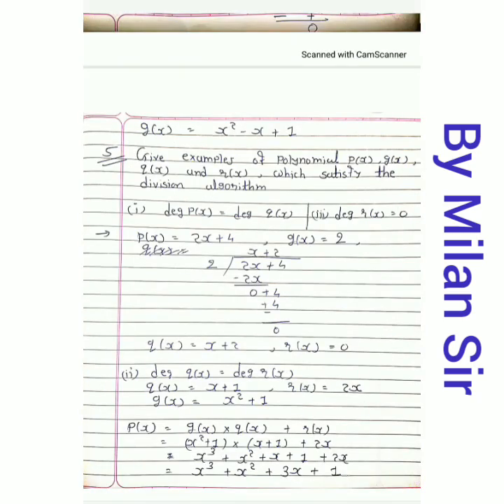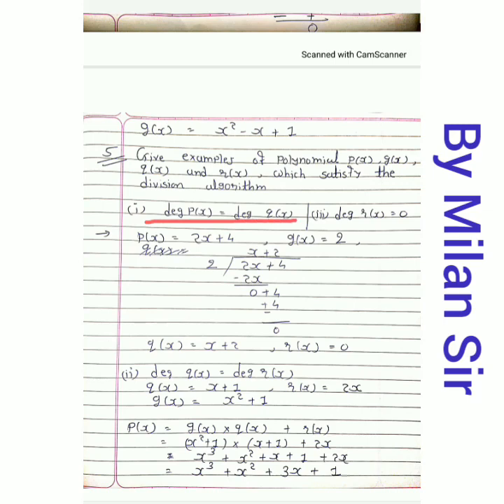Question number 5. Give examples of polynomials p of x, g of x, q of x, and r of x which satisfy the division algorithm. So in question number 5, there are 3 internal questions. First question, degree of p of x is equal to degree of q of x.